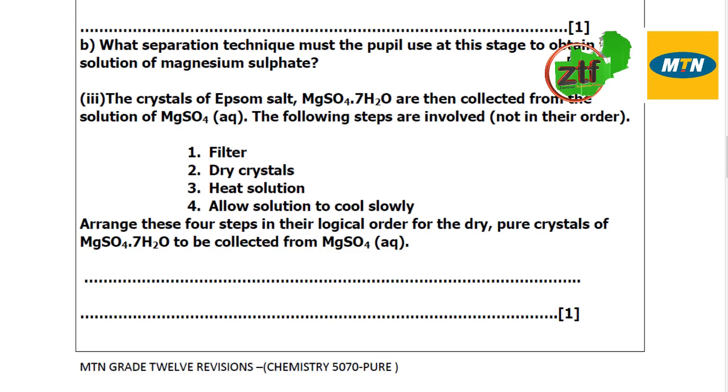The following steps are involved, not in their order. Number 1, filter. 2, dry the crystals. 3, heat the solution. Number 4, allow the solution to cool slowly. Arrange these 4 steps in their logical order for the dry, pure crystals of magnesium sulfate heptahydrate to be collected from magnesium sulfate solution.